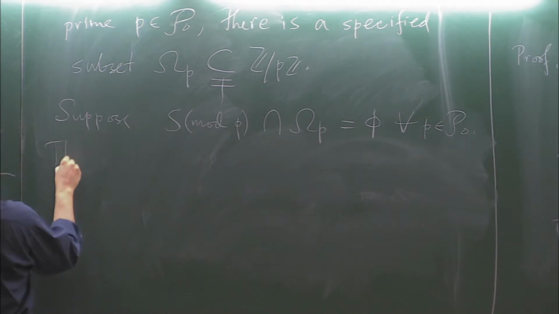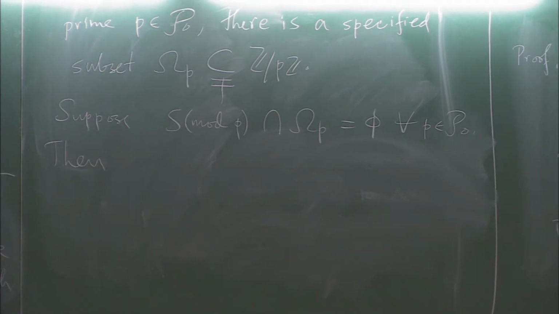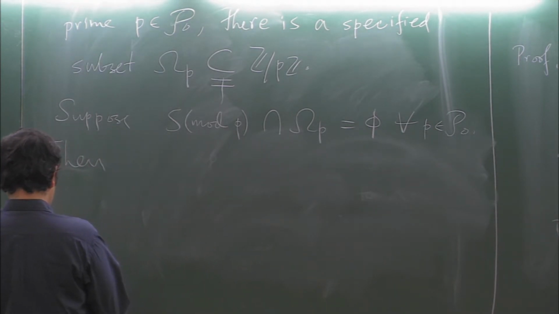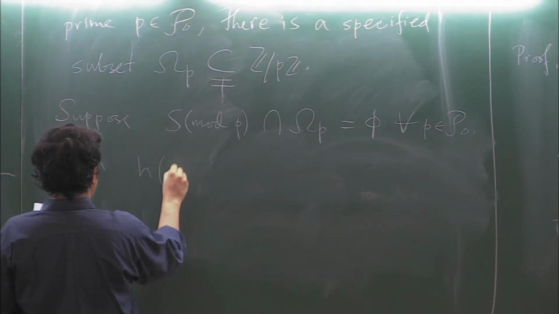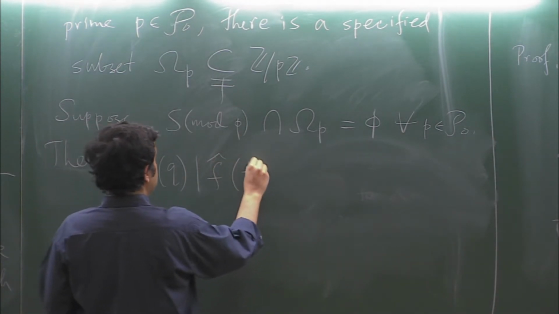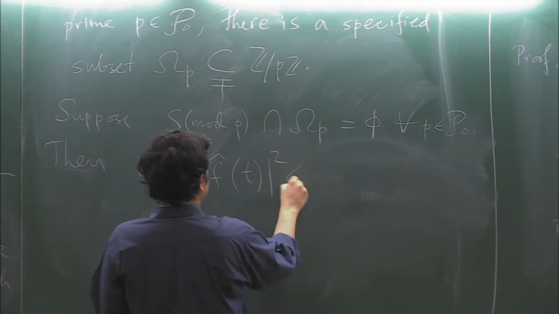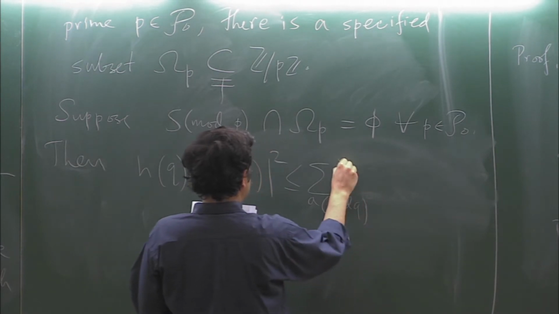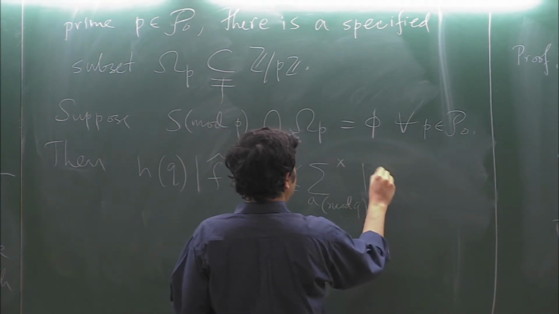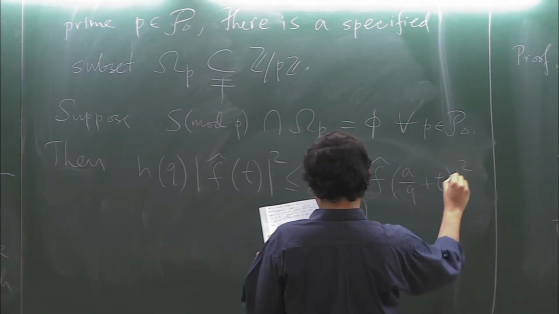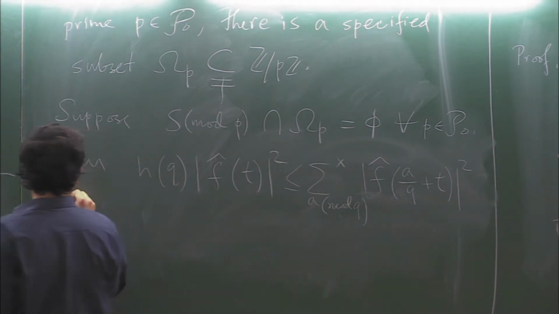So then the conclusion is, I'll give the second version: H(q) times f hat of t, whole squared, is less than or equal to the sum over a mod q star of f hat of a by q plus t, squared, for any q.